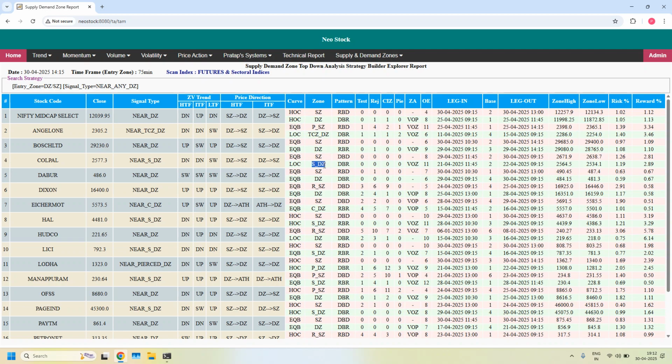Colpol is having a high liquidity demand zone. HR Motor is having a high liquidity zone. HAL is having a high liquidity zone. LIC is having a high liquidity zone.